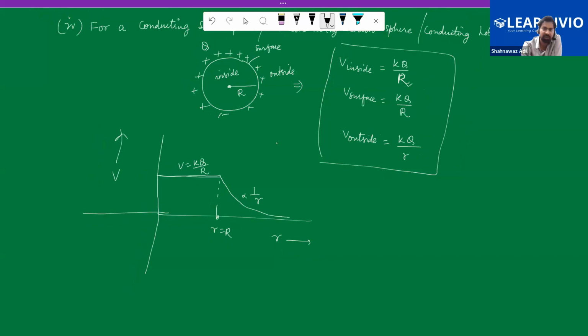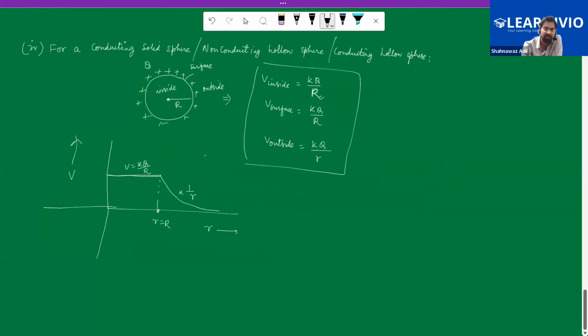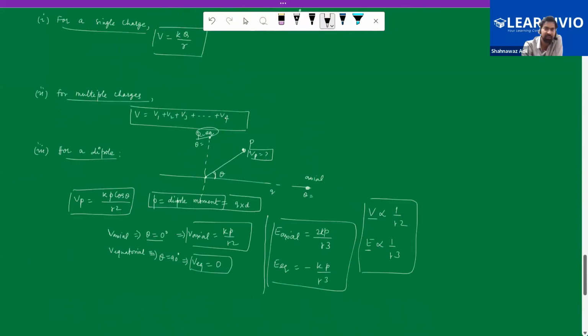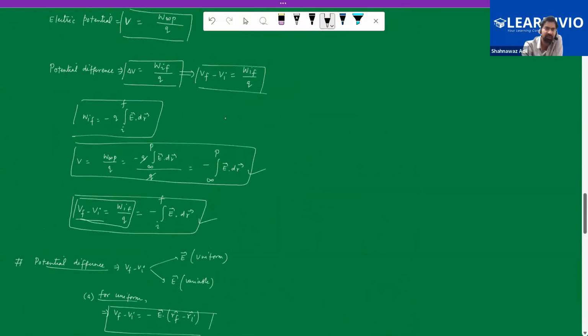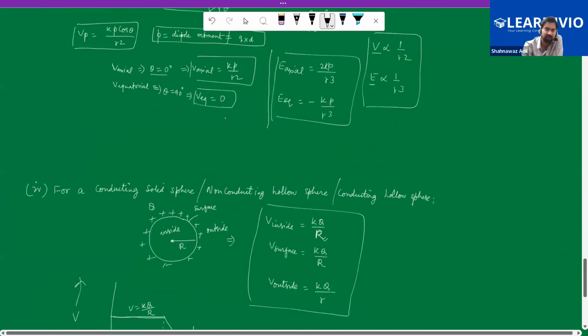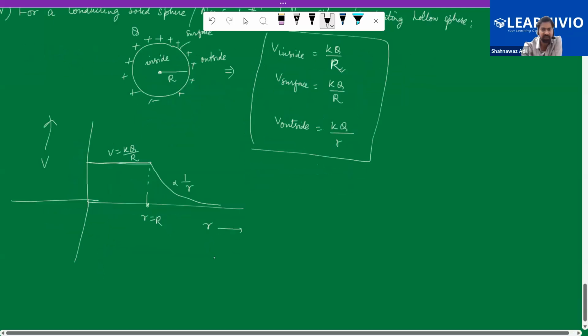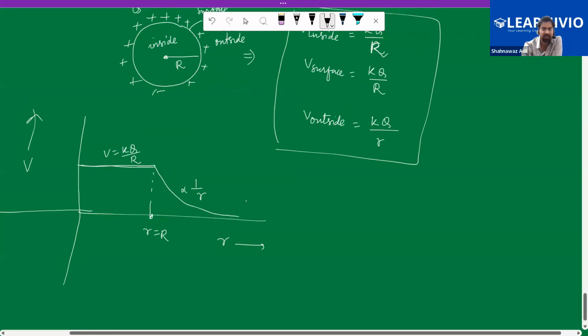Just note down this part, and if you guys have any confusion, please tell me. These things you guys already know, right? Quickly note this thing down, and then we will do the question. So now we have understood how many potentials we can calculate.